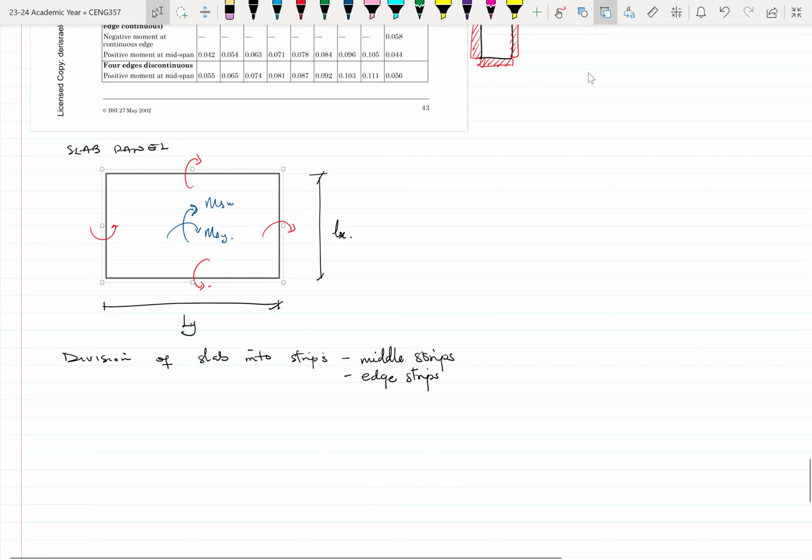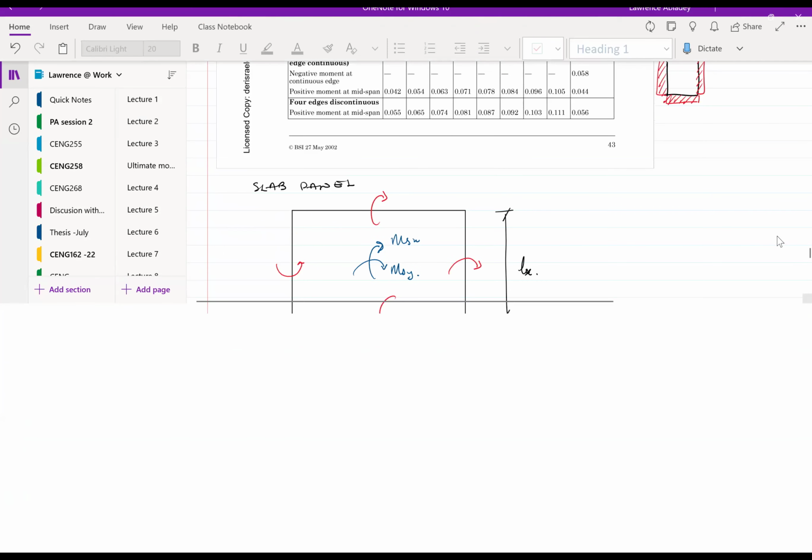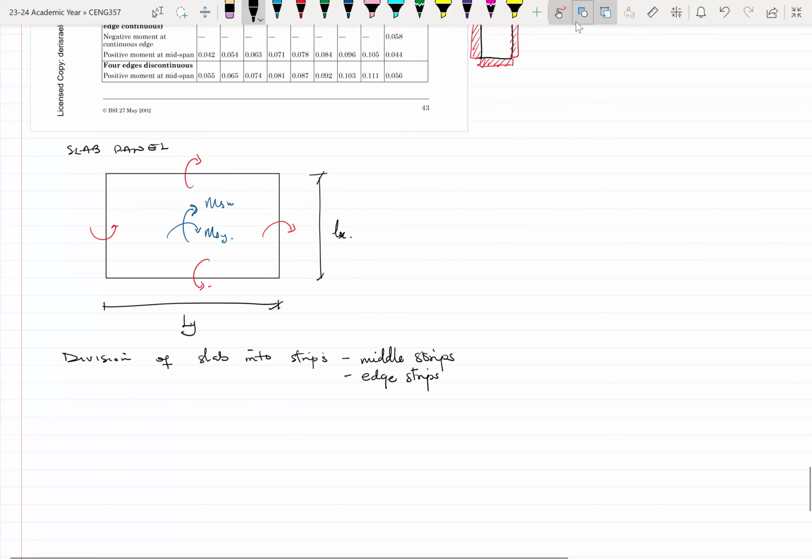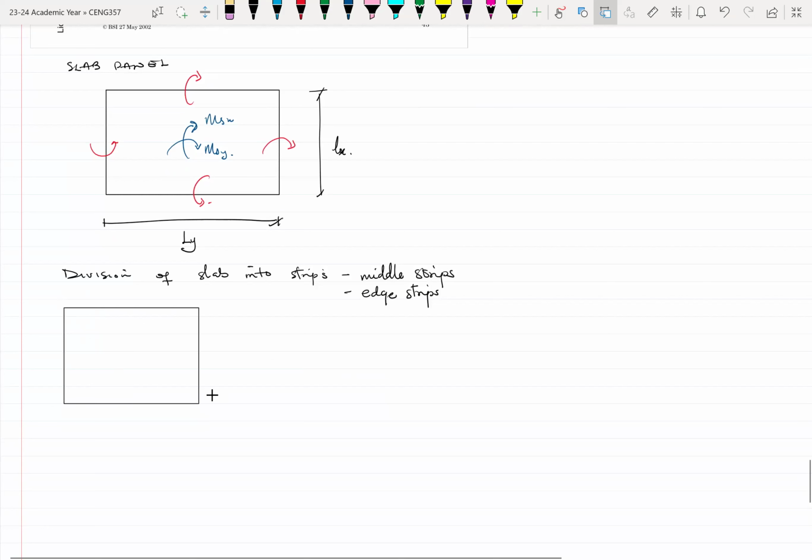Okay, so let me just draw. All right, so I think we are back in business. So we have, let's say, these two. I'm going to draw the next one here too.